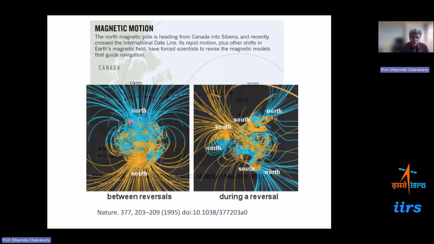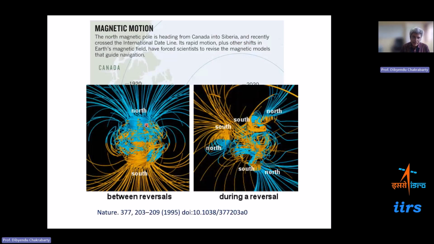And modeling studies show that in a typically dipolar magnetic field, wherever the North Pole and South Pole are, they will not always remain at the same position. The ice core data and other data show that in the past, this magnetic field has flipped. The polarity has flipped. South has become north and north has become south.